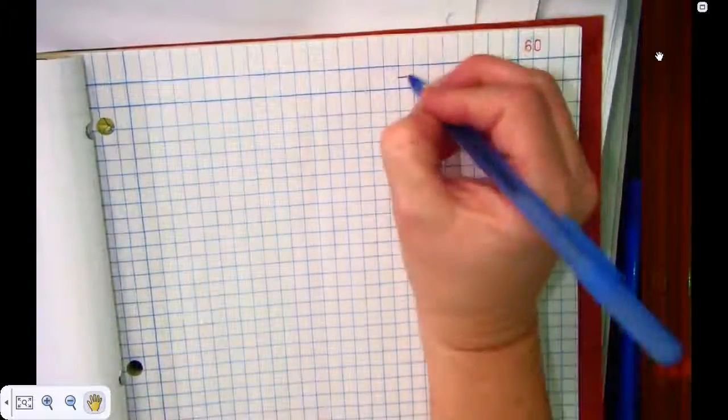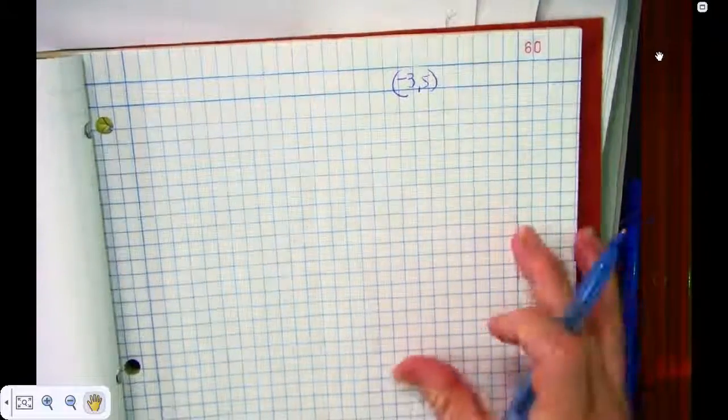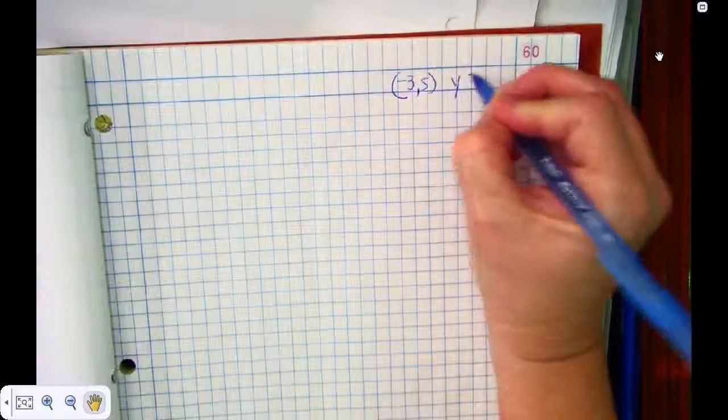Okay, so erase. Now, that point, -3, 5. The same equation.